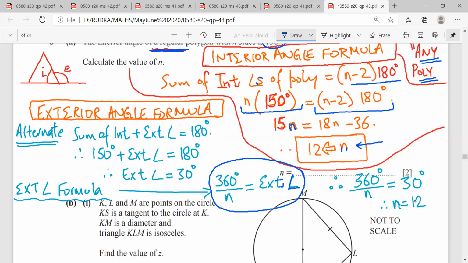Now this is true for a regular polygon. This is the exterior angle formula.